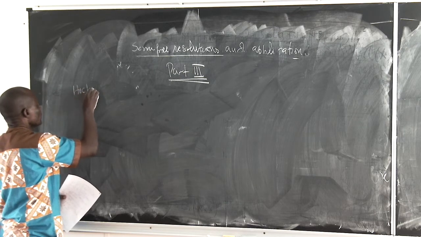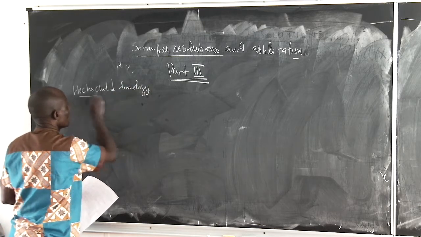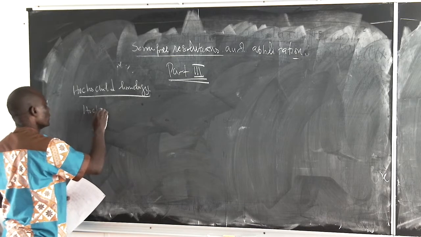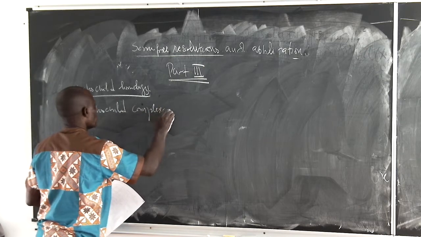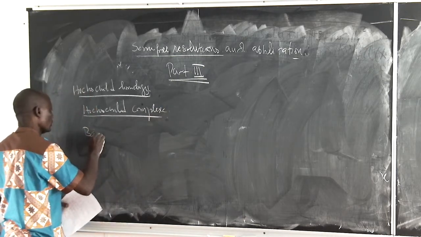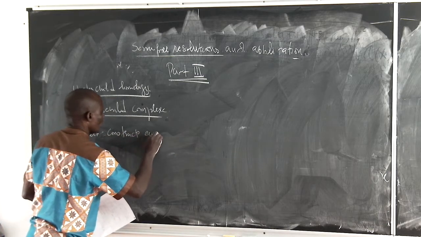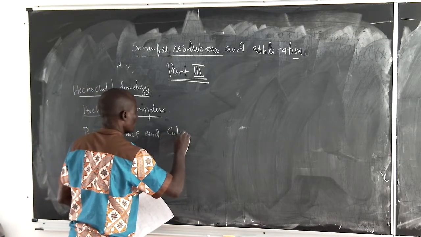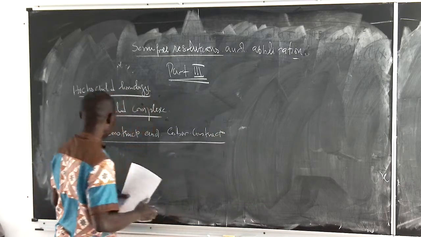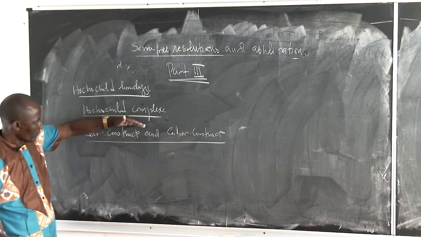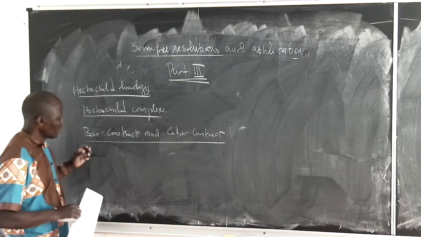Hochschild homology, Hochschild complex, bar construction, and cobar construction. These two notions are functors.